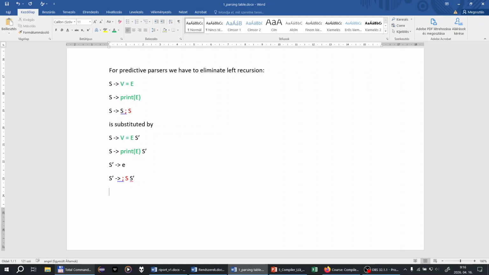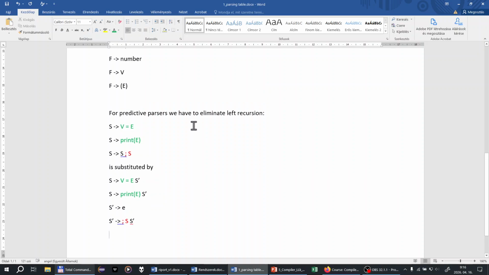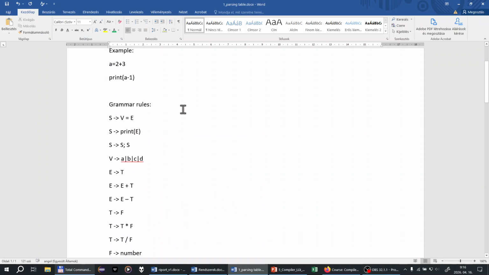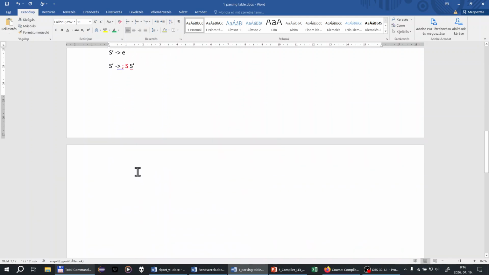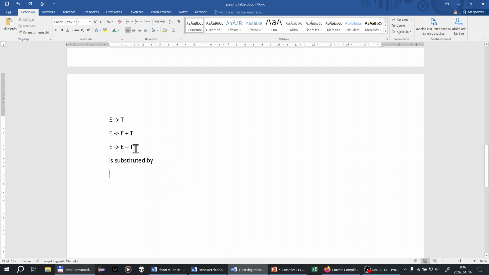Okay, let's see the next one, where we have E to T, E plus T, and E minus T. This is substituted by the only rule where we do not have any recursion, which means we do not have the same symbol on the right hand side as on the left hand side, and we add E prime to the right.